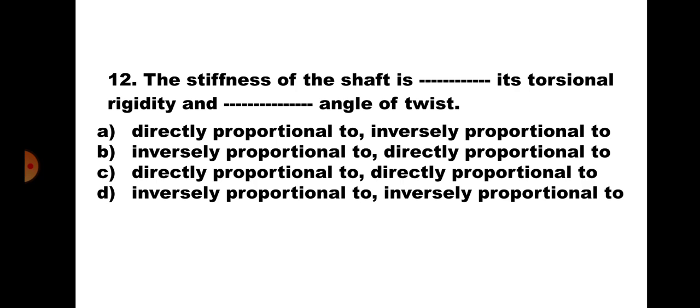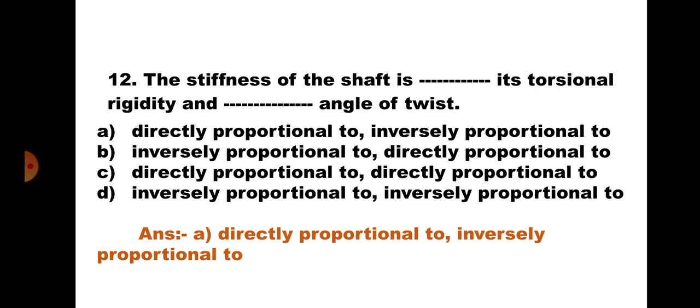C. directly proportional to, directly proportional to, and D. inversely proportional to, inversely proportional to. Now here the stiffness is directly proportional to torsional rigidity and inversely proportional to angle of twist. Hence the correct answer is A, directly proportional to, inversely proportional to.